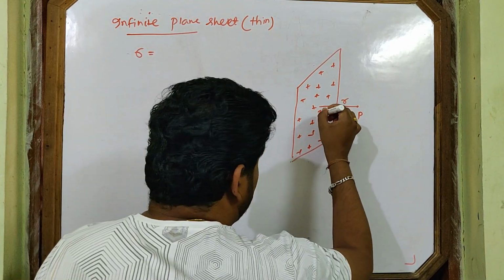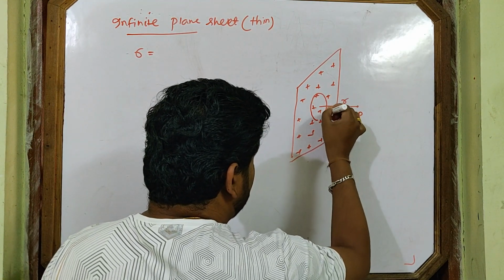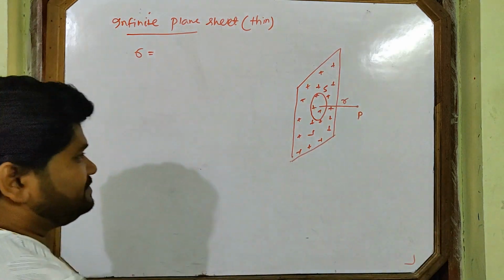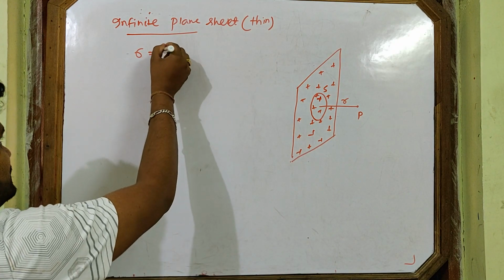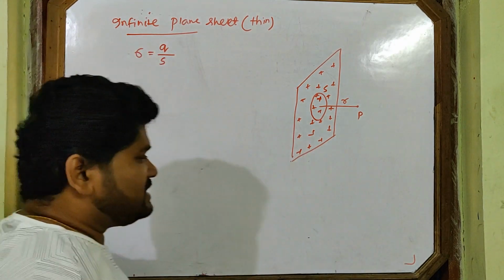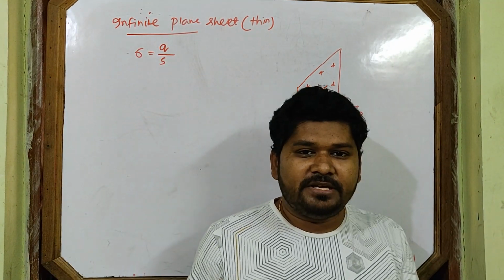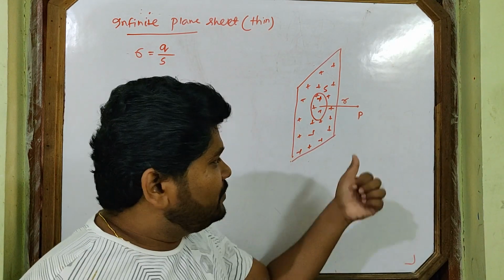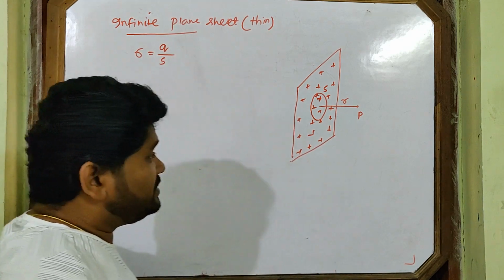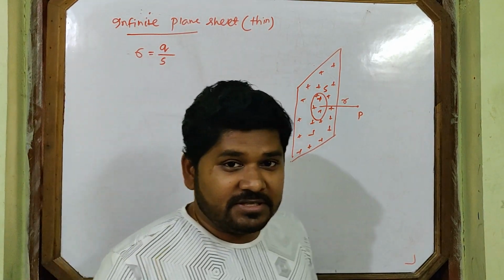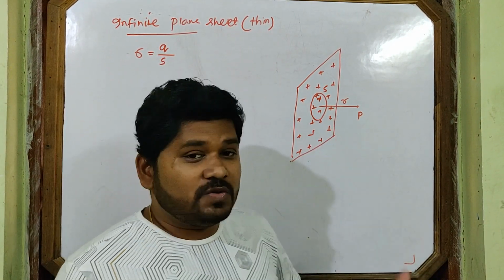Let's consider one surface area S here. Within that, how much charge is present? Suppose Q charge, then Q by S is called the surface charge density. We will find the intensity at any point P at a distance R. What will we do? You have to consider one Gaussian surface so that these charges are enclosed inside it.